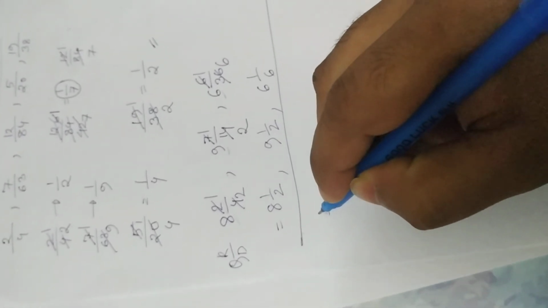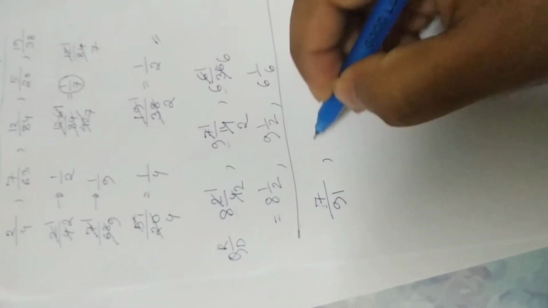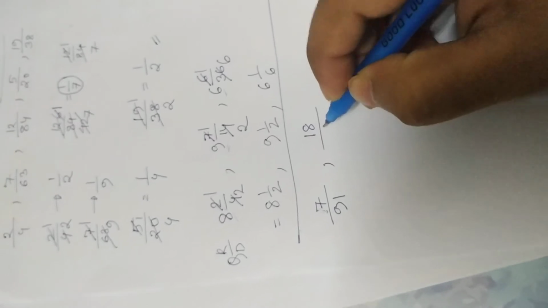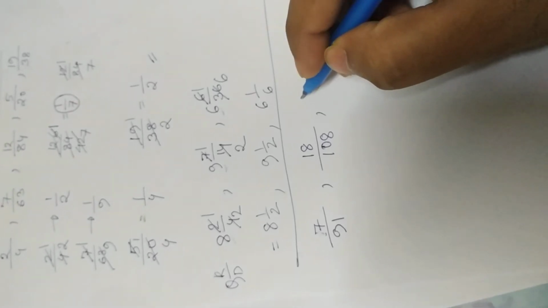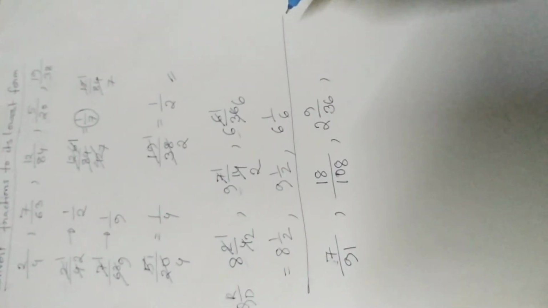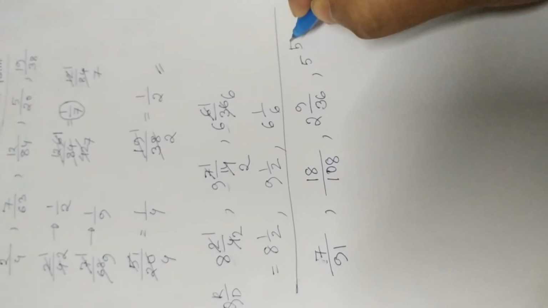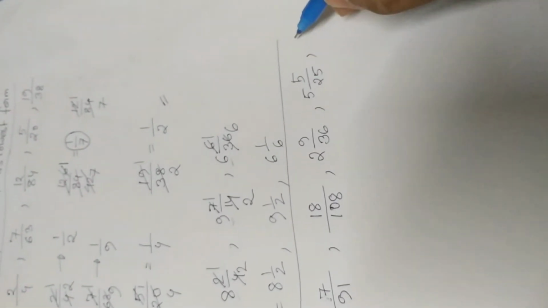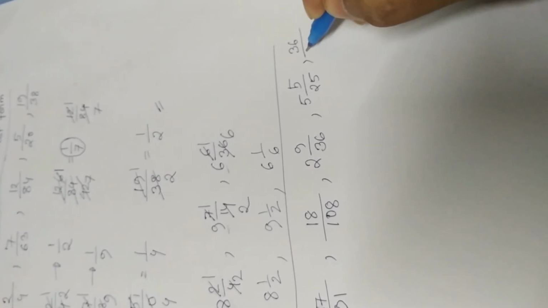Let's say 7 by 91, then 18 by 708, then 29 by 36, then 5 by 25, and then 36 by 144.